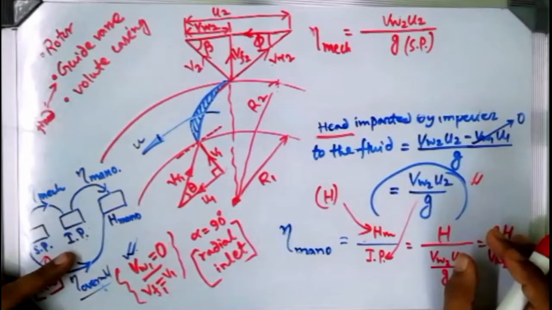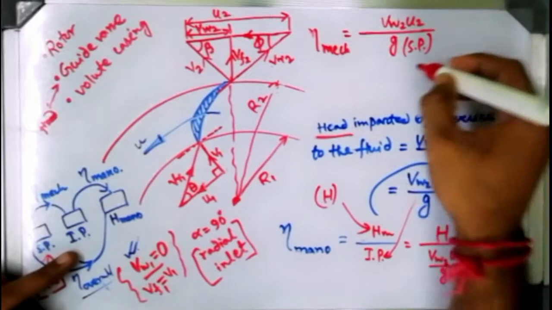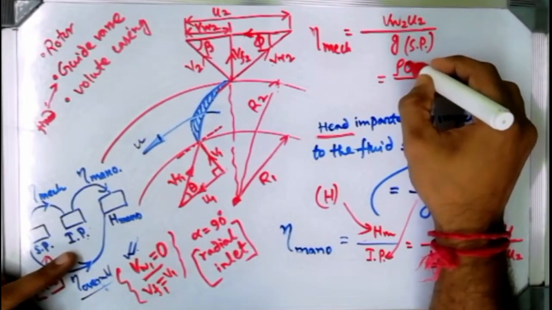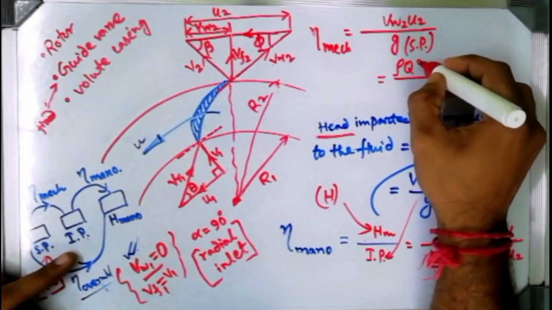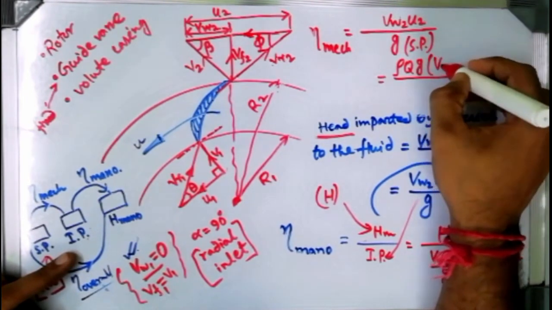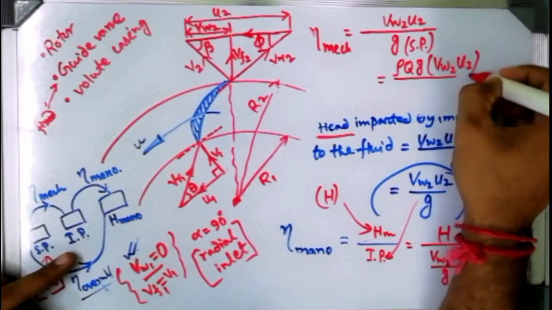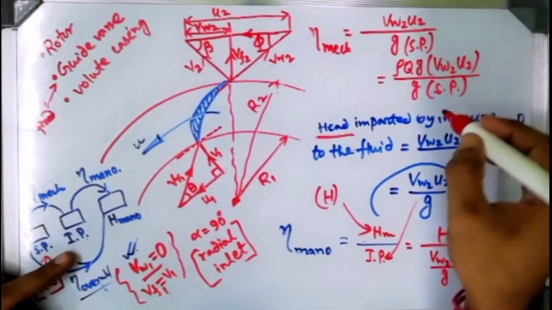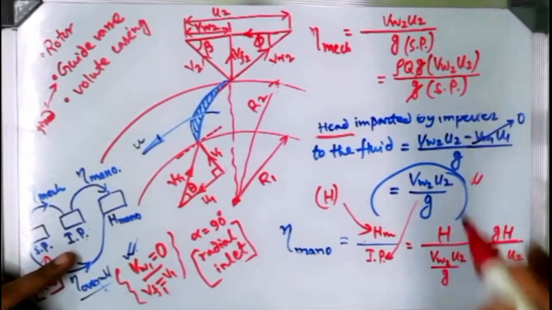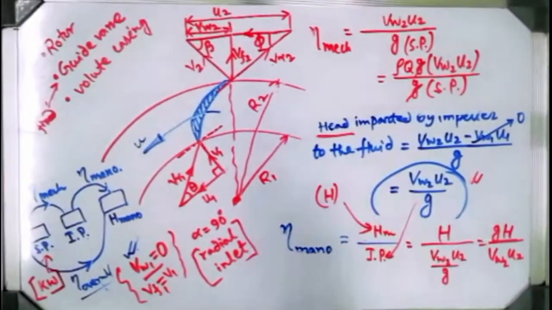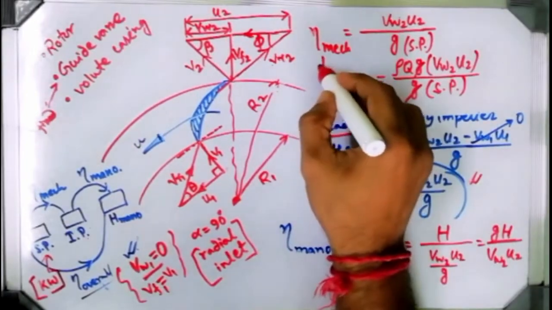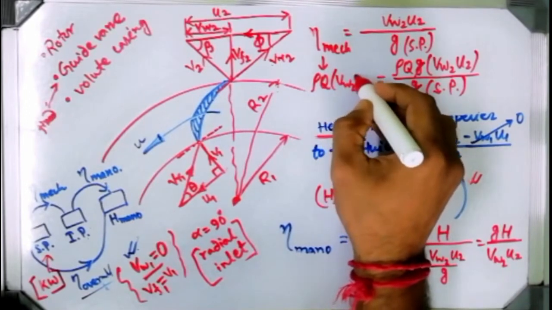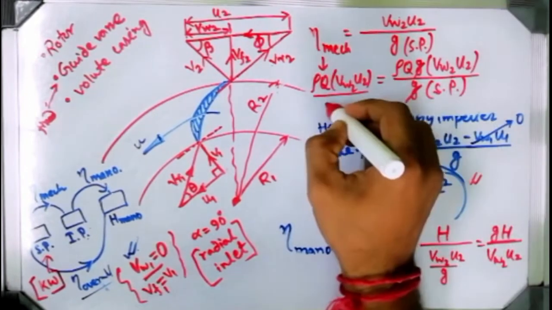Then just to put them on the same platform, what we do is rho Q g is multiplied at the numerator. As a result, this g cancelled. So the final expression will be rho Q VW2 U2 divided by shaft power.